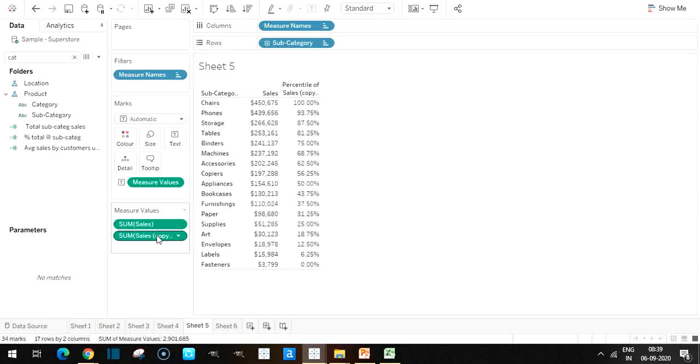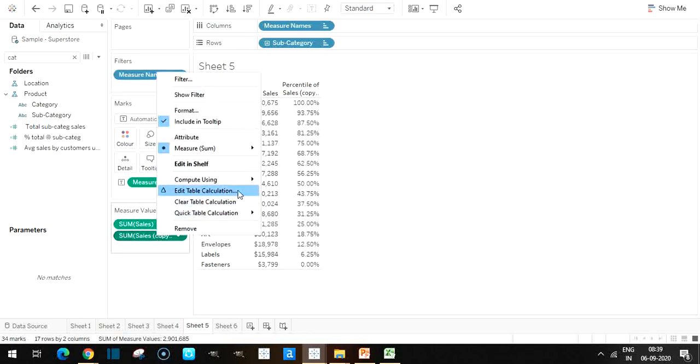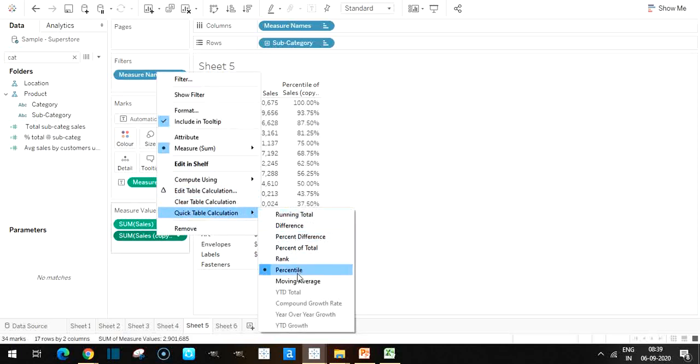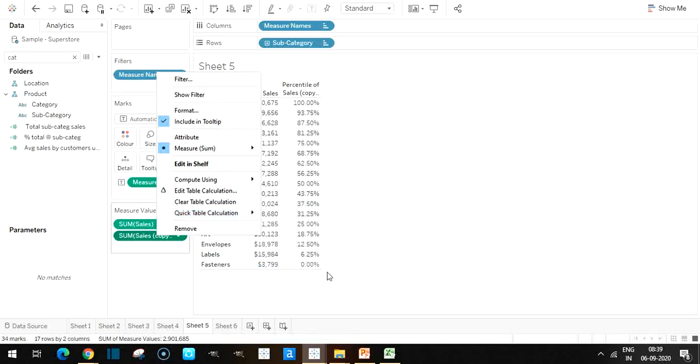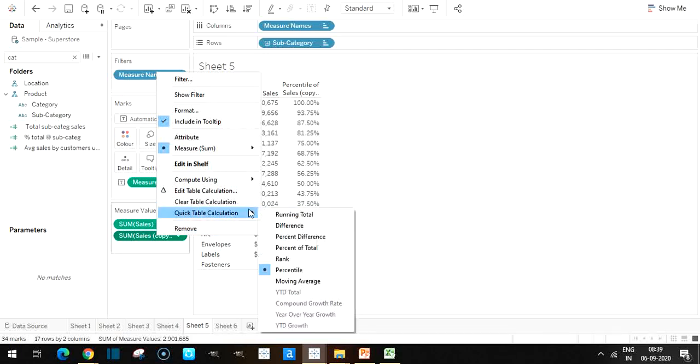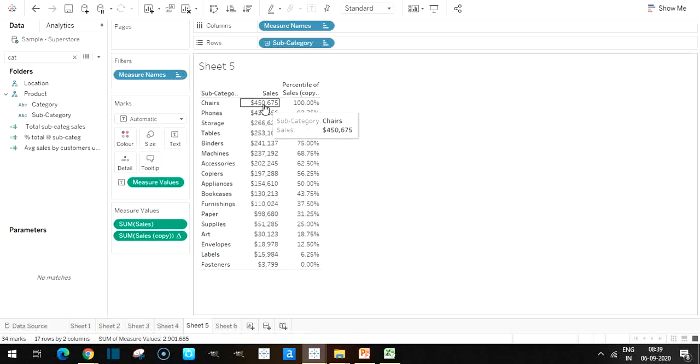So calculating the percentile is super easy. You just have to check this percentile, and you'll get this. Otherwise this calculation would have gone a little complicated. See here, this is the formula to get this.